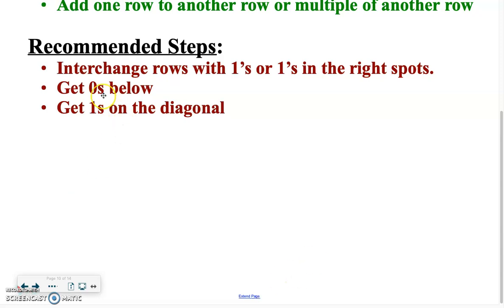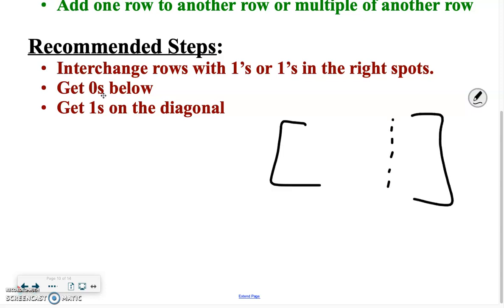Okay? Remember, we're trying to get ones on that diagonal, zeros underneath. Typically, remember that we're trying to get this. So as we're working, this is the order.